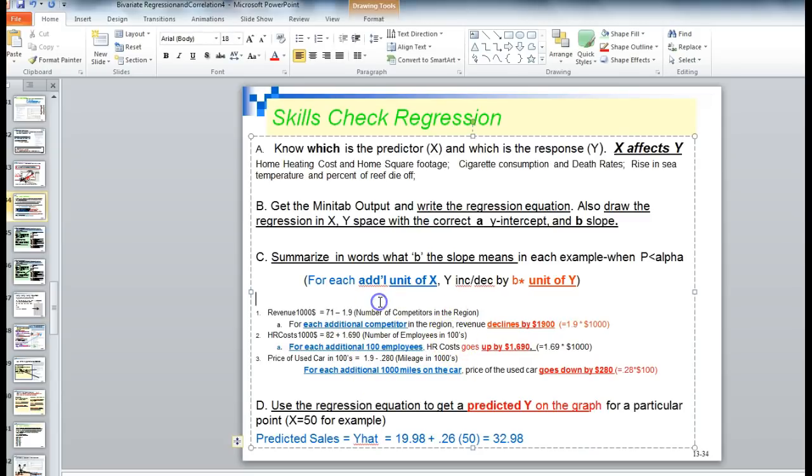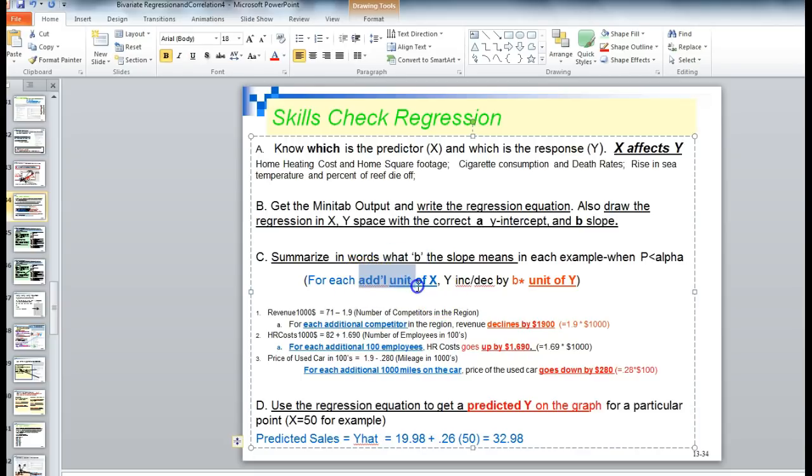Let's try and do this again, because this is kind of interesting. So far, we do know which is a predictor and which is the response. We know how to put it into Minitab and get that output. We know how to summarize in words what B means, but here I want to play with some units, because the units are what's really important.